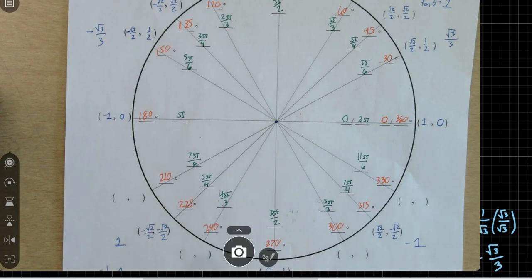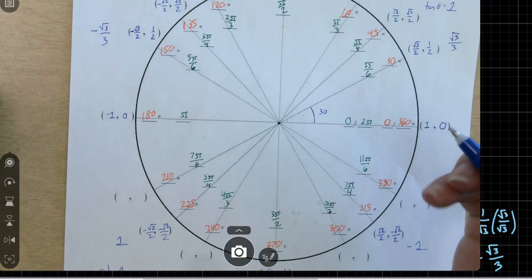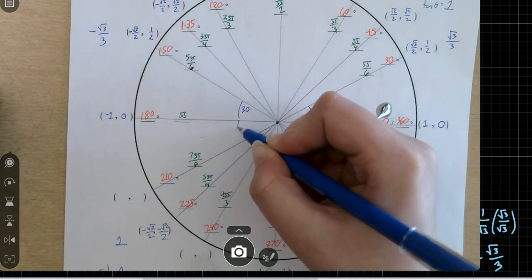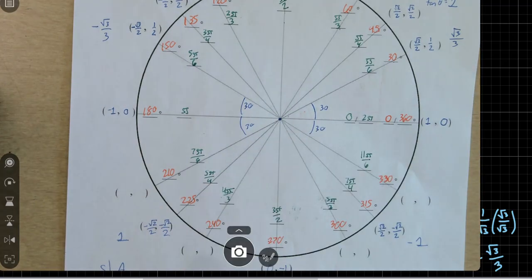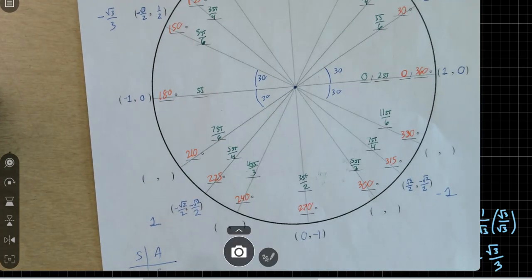What's my next degree I have to go to? Where else do you see a reference angle? So this is 30. So we're kind of doing bow ties and butterflies. This one was 30. So this one has to be 30. And this one has to be 30. So wherever it touches those lines. So where's my next degree? 210. Yep. Okay. What is positive and what is negative here?